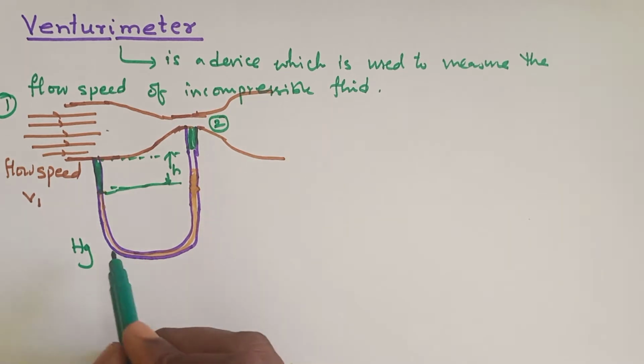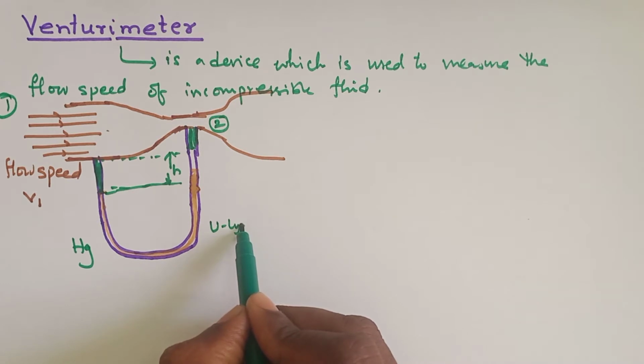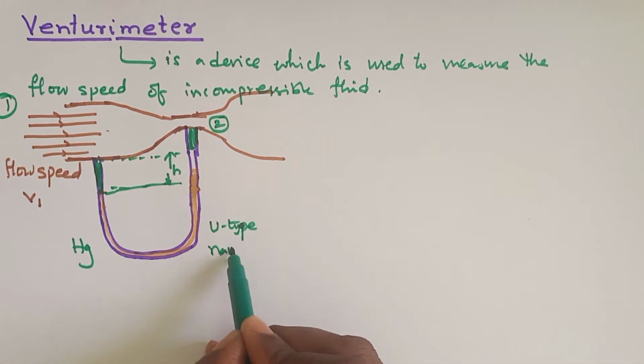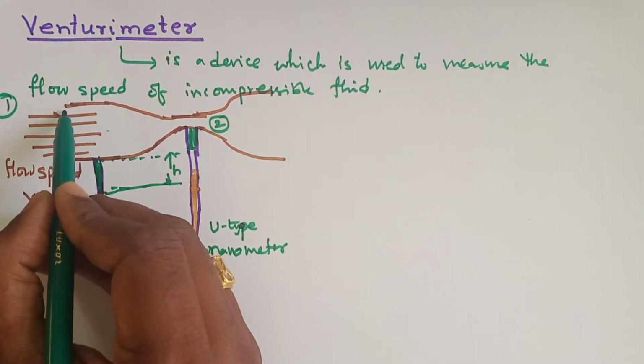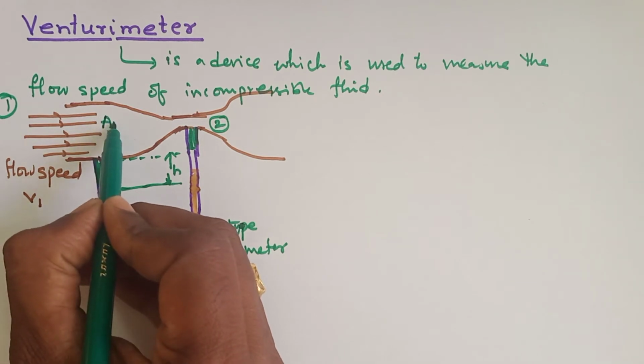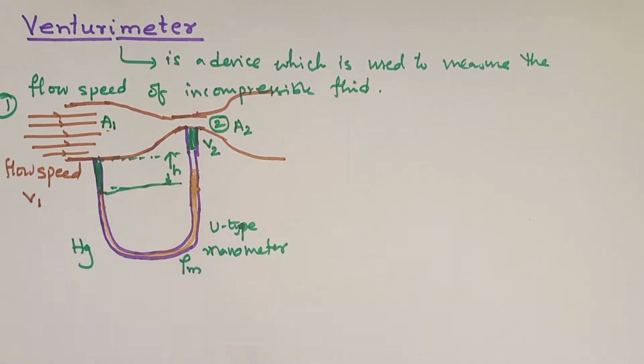Now this is called a U-type manometer, which is filled with mercury. The mercury density can be rho m, right? Now this is a large diameter with area A1, here area A2, this is V2.